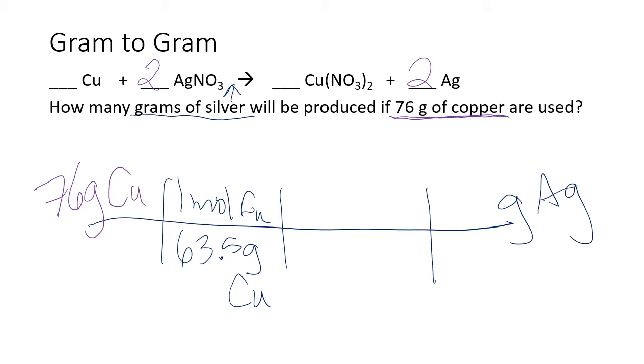And if I look up the molar mass of silver, I see that silver is 107.9. I'm going to round it to 107.9. So my ratio goes here in the middle.